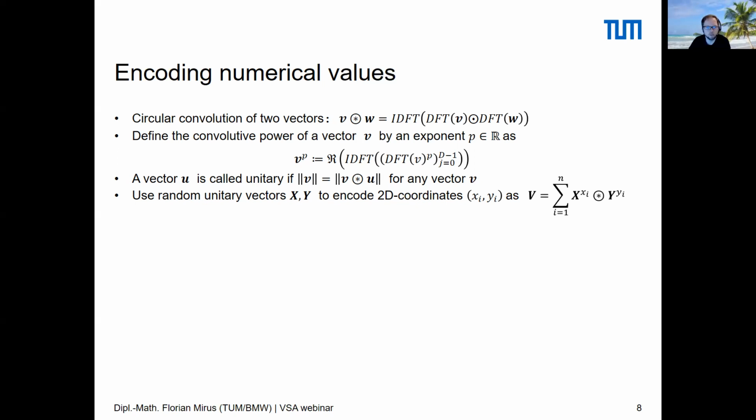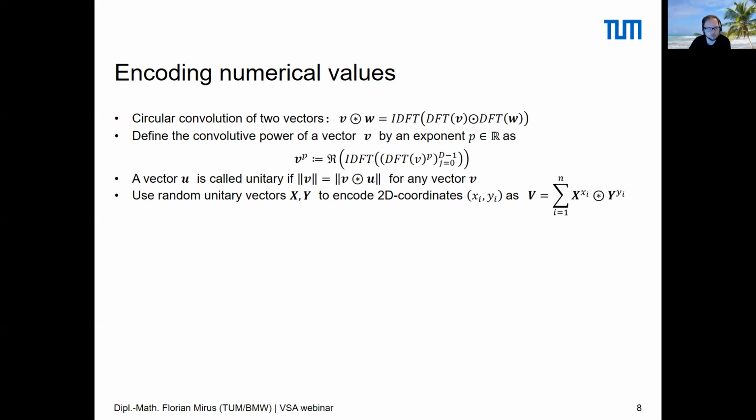And since this can be a complex-valued vector, I'm simply taking the real part of it. And to avoid the accumulation of noise in these representations, I use so-called unitary vectors as basis or as unit vectors, so to speak. And those are vectors that preserve the length of the vectors when convolved with them.